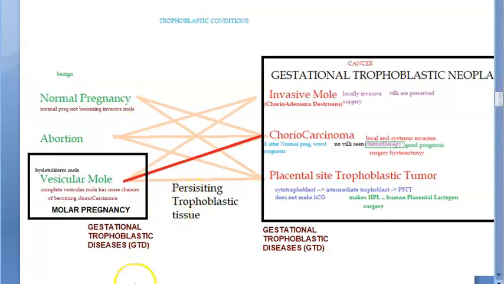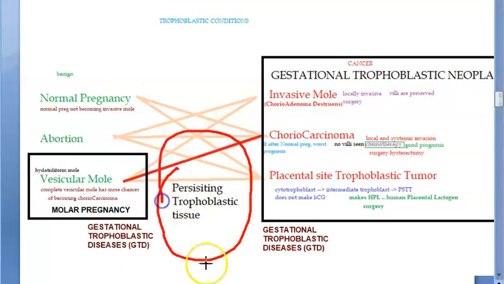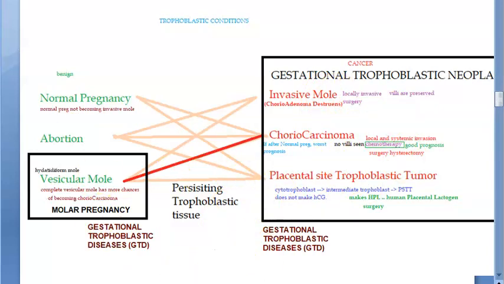Just remember, there is some persistent trophoblastic tissue, okay, because of which all this will happen. So after a normal pregnancy, there can be persisting trophoblastic tissue, that is the placental tissue, right, which can lead to malignancy. Okay, so you should know that when normal pregnancy leads to choriocarcinoma, that is one of the worst prognoses. Usually it doesn't lead, okay, but if it leads, it's going to be a worse prognosis.